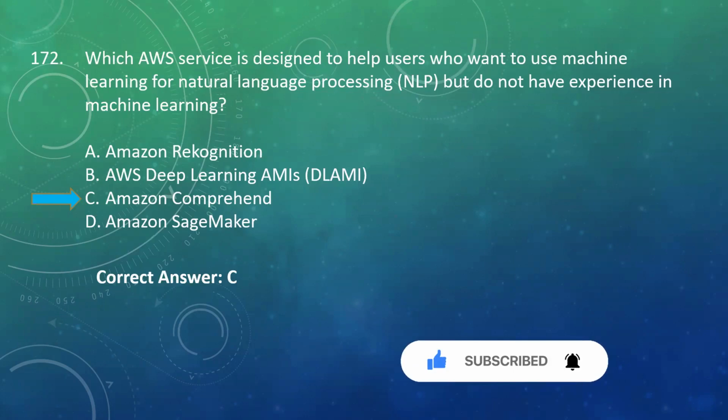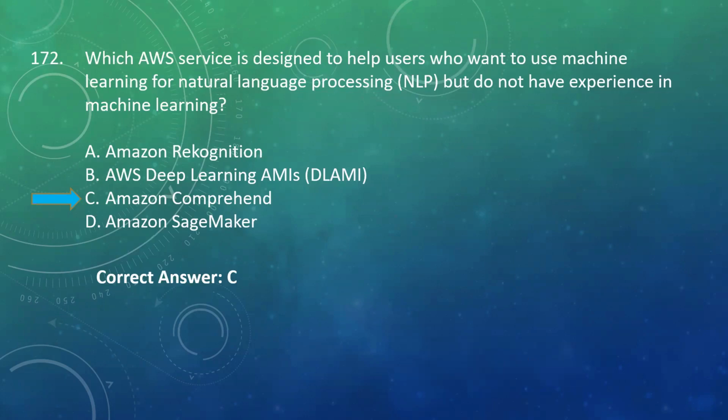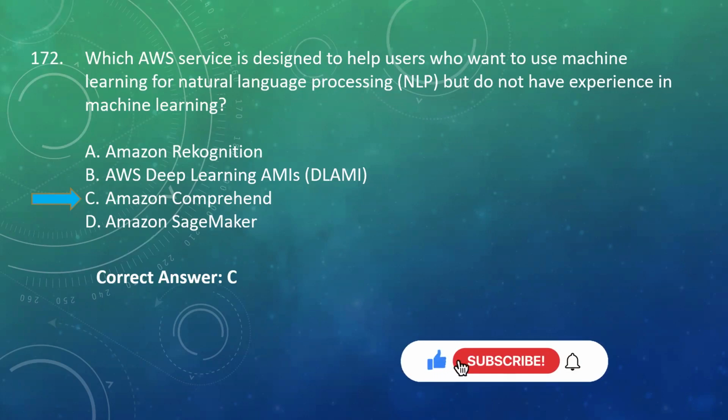So it is very important that you know which AWS service corresponds to which functionality, because these questions are the easiest ones. Okay. So Amazon Comprehend basically uses pre-trained machine learning models to analyze and extract insights from unstructured text data such as sentiment analysis, entity recognition, language detection, key phrase extraction, and topic modeling.